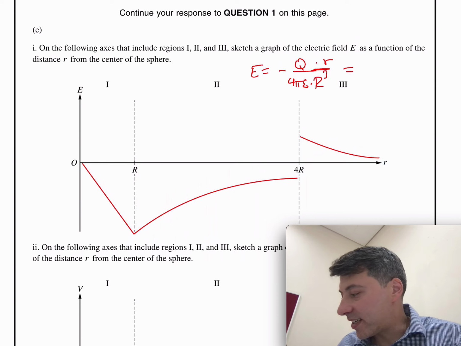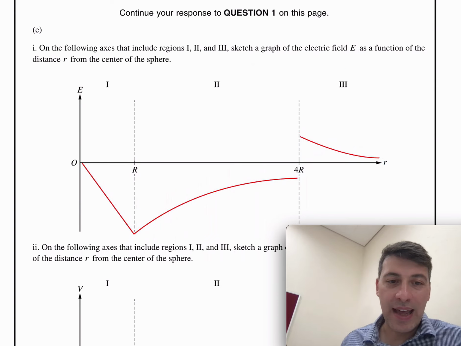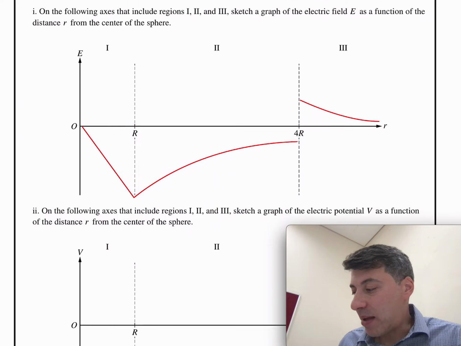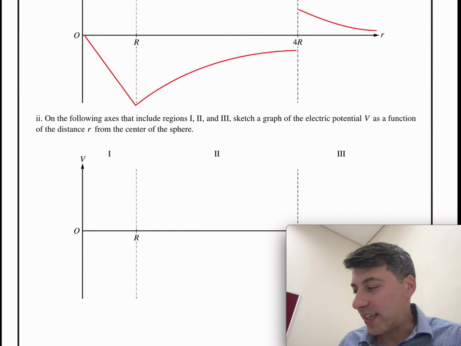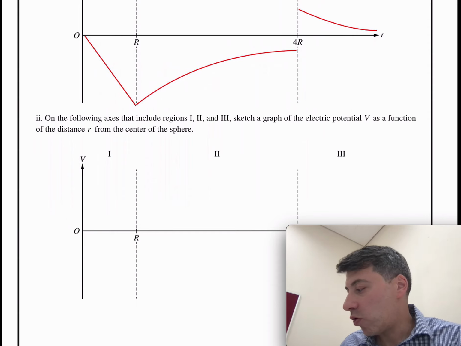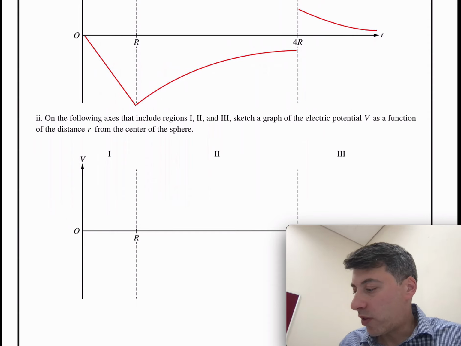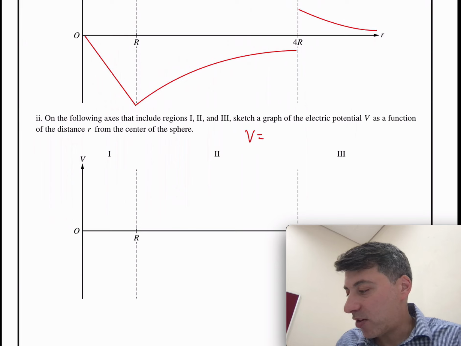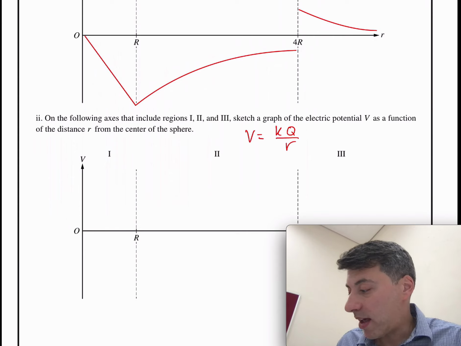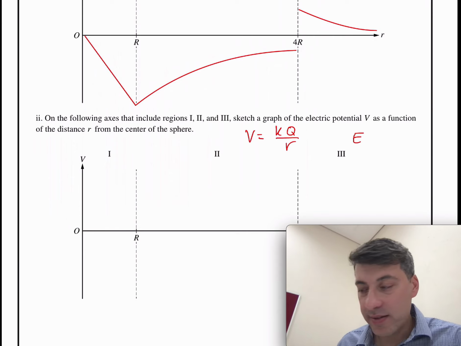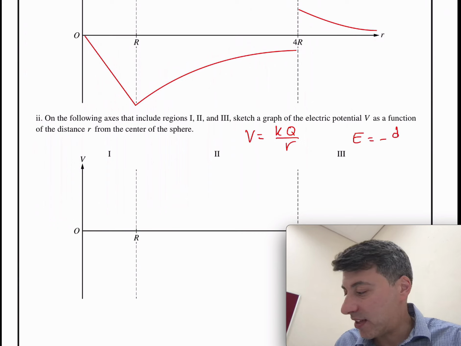I don't think that this is too difficult, but the next part is somehow a little bit challenging, in my opinion, where we need to explain what happens to the electric potential. Now, the basic rule for the electric potential, if you remember, is kq over the distance, but at the same time we need to remember that the electric field is the negative derivative of the potential.